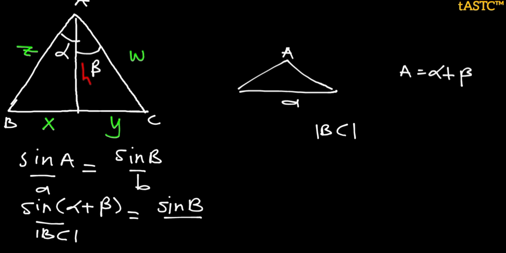Now b, obviously, if we said this is the angle B, this is going to be the side b, and that is going to be the side AC. We know that side b is the same thing as side AC. So that is going to be side AC that way.